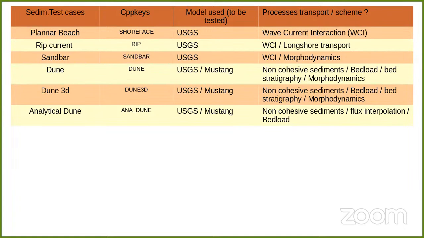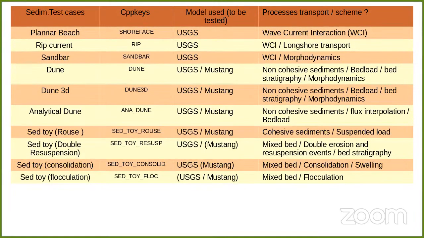In the analytical Dune case, as I said, we can study the different flux interpolation schemes and fit with the analytical result. Next, we see the settling cases, which are very cheap.